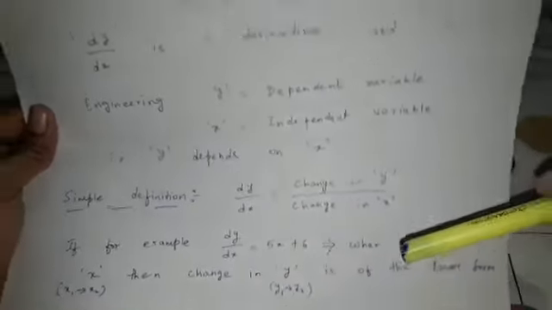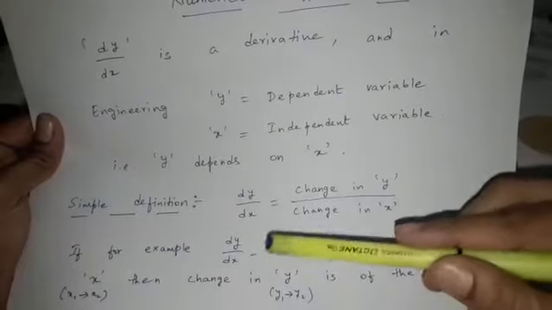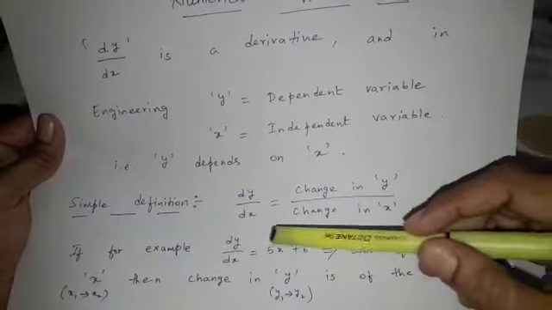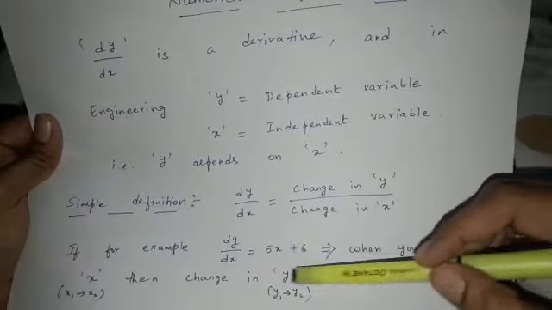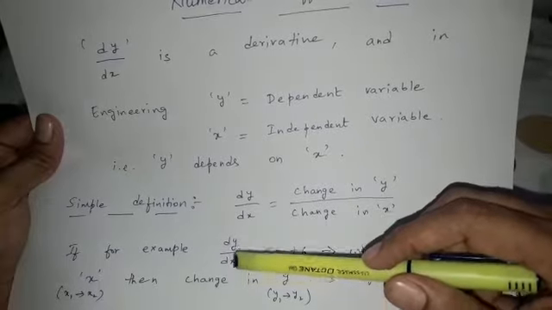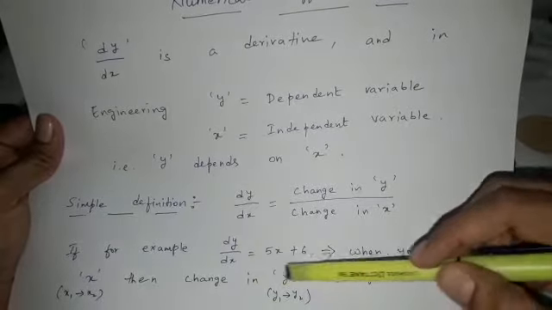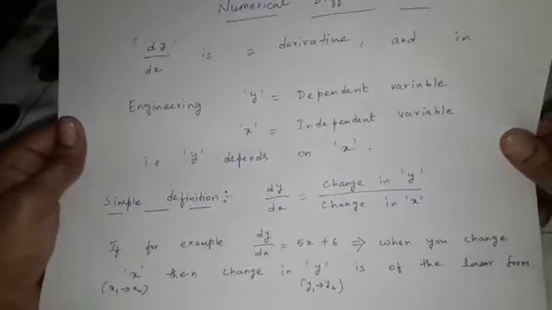That change will be of linear form, and that linear form represents your 5x plus 6. Whenever you change x, the change in y will be of this fashion, 5x plus 6. This is the simple definition of derivative.